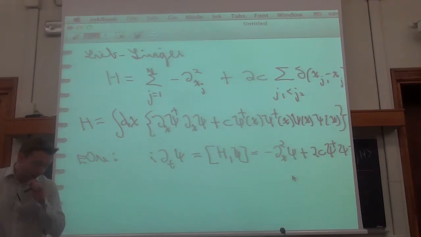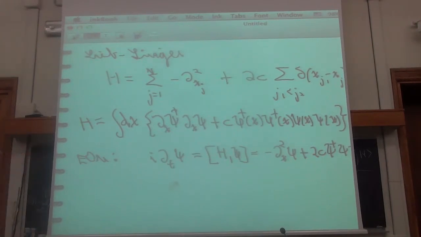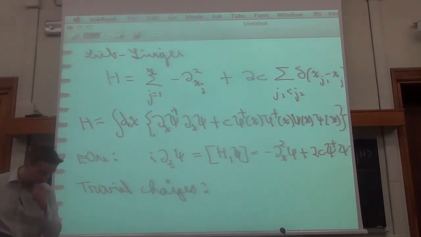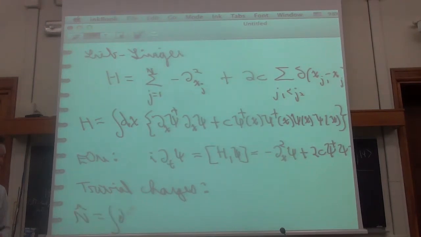Okay, so we've specialized in the case of contact interactions, and immediately we can say a number of things about this model. So there are two conserved charges in there, which are trivial to formulate. You have just the total number of particles, which is the integral dx psi dagger psi.